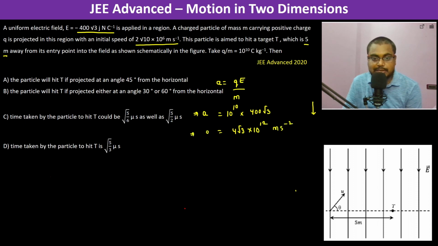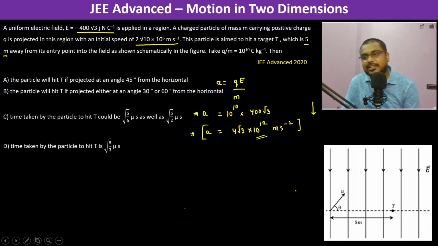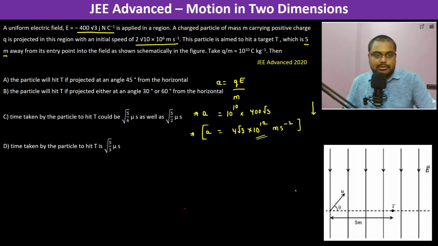This is acceleration. Now sometimes we may feel that we should include g also, but the acceleration is so large, 10 to the power 12, that just adding 10 or subtracting 10 is not going to make much difference. Okay, so now the particle will hit t.